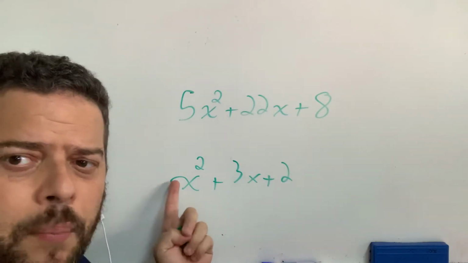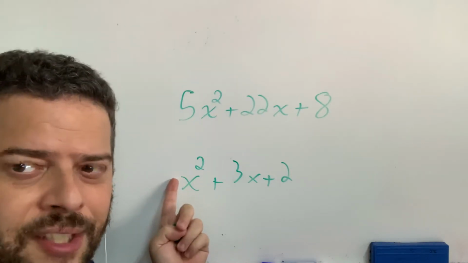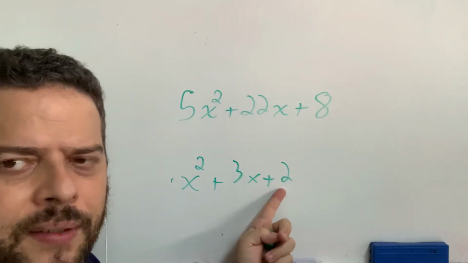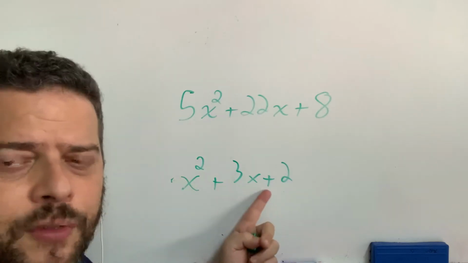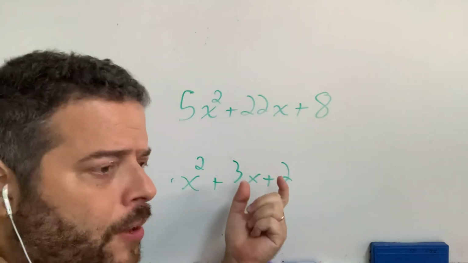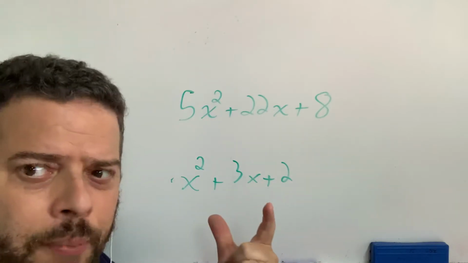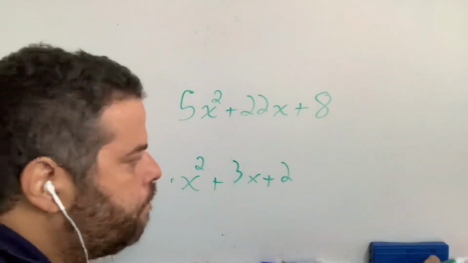So when this number is a 1 up front, you don't care about it because it's not going to change anything. That's why we focused on the last term, the constant. But what you're actually doing is multiplying 1 times 2, finding the product, and finding two numbers that when you multiply, you get that number, and added, you get the middle term.